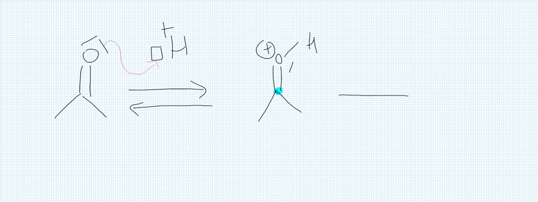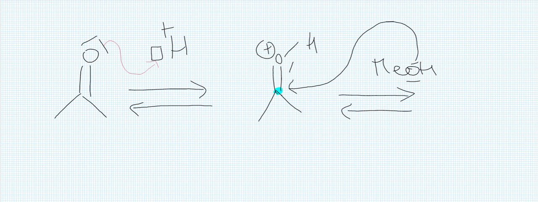So if we have a nucleophile in the medium, for example MeOH, methanol, the lone pair of the oxygen of the methanol is going to attack this carbonyl compound, and the electrons are going to be pulled towards the oxygen.